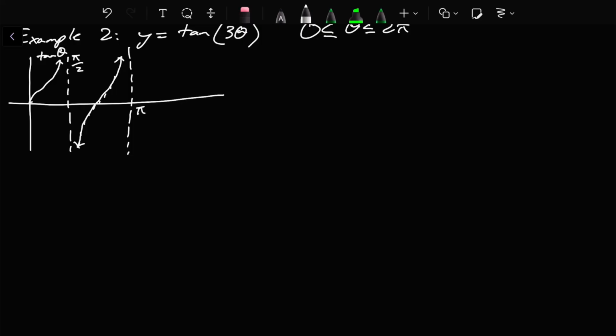So it's pi, this is 3 pi on 2. We'll do one more just to be clear of what's going on. And that's 2 pi. Whoa, sorry, not 2 pi. It's 5 pi on 2.